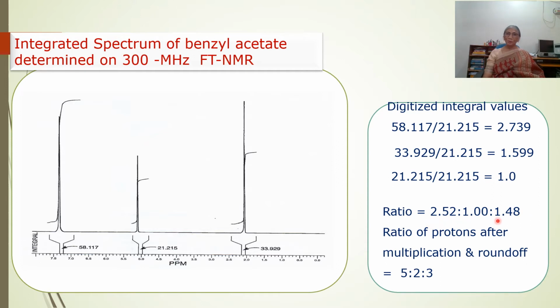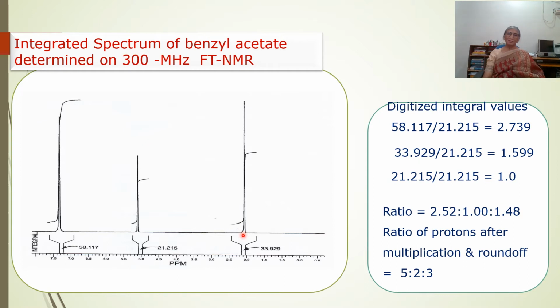The ratio comes out to be 2.52:1:1.48. Again this is multiplied by 2 and gives the ratio 5:2:3. So there is a signal because of 5 equivalent protons, another signal because of 2 equivalent protons, and the third signal because of 3 equivalent protons.